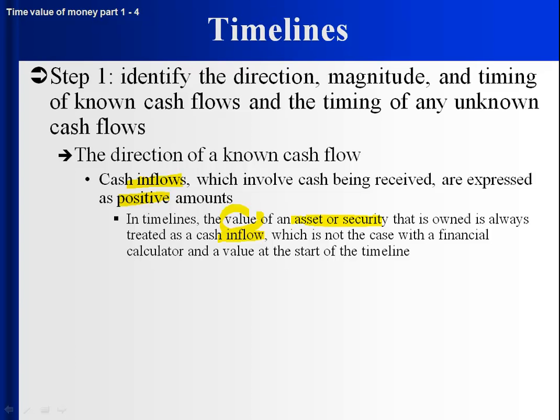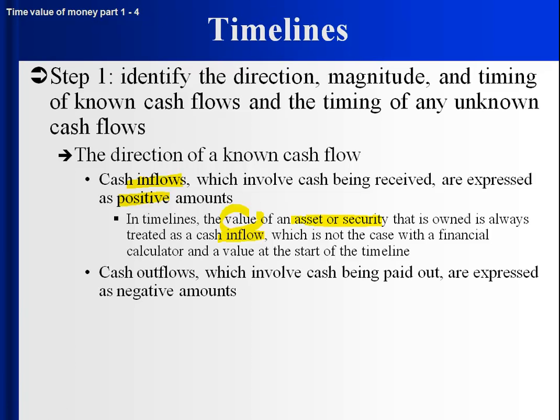When we're dealing with a timeline, we don't need to worry about the sign convention. The timeline shows things a bit more directly. So if we're looking at the value of something and we own it, it's positive in the timeline. Cash outflows, money that we spent, or money that's paid out, those are negative amounts.